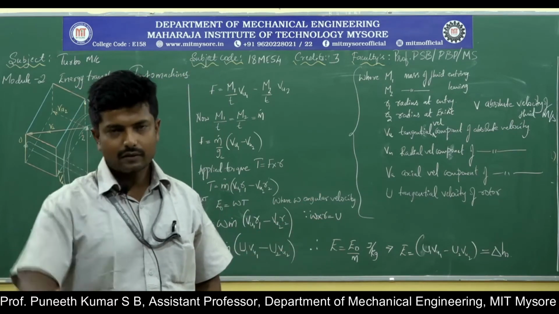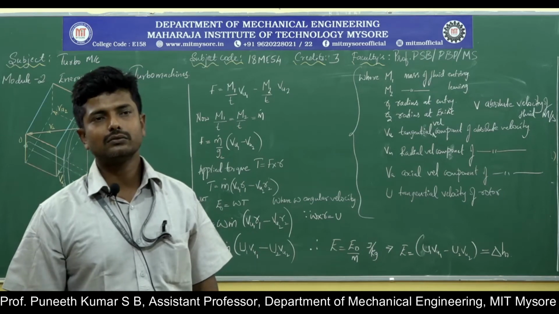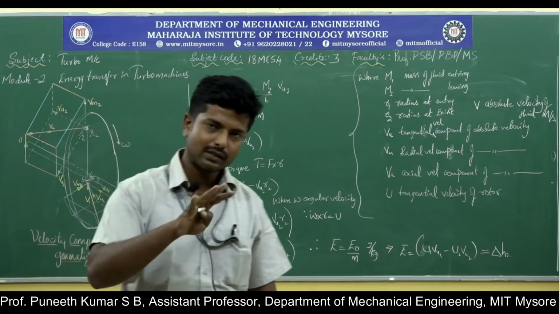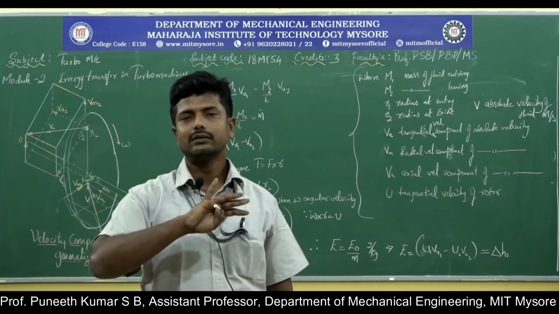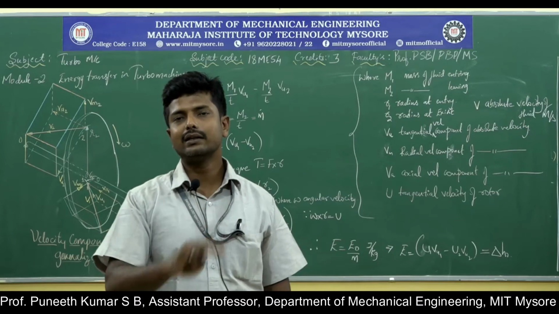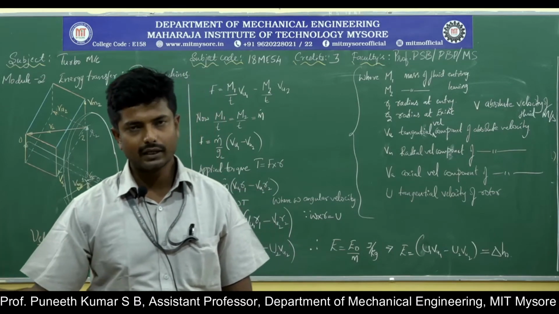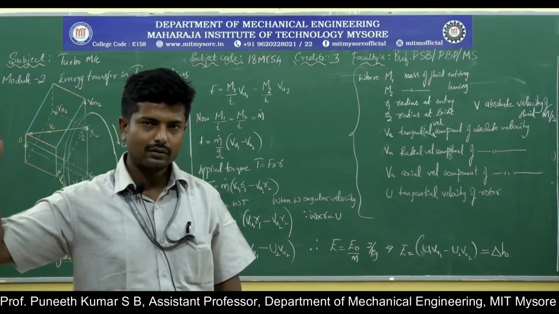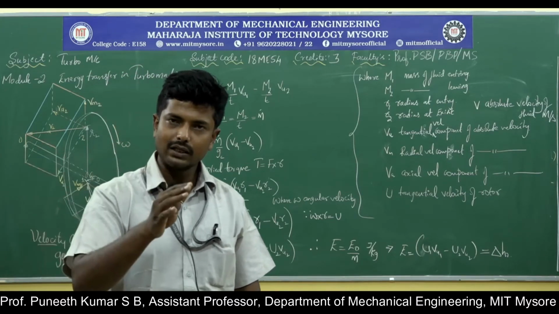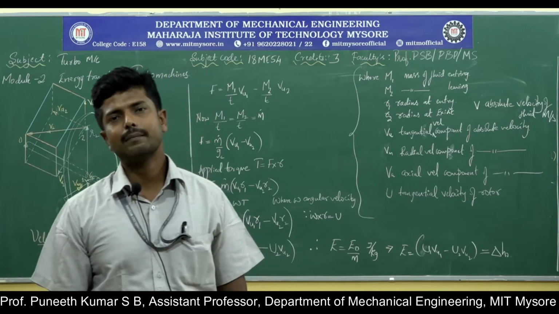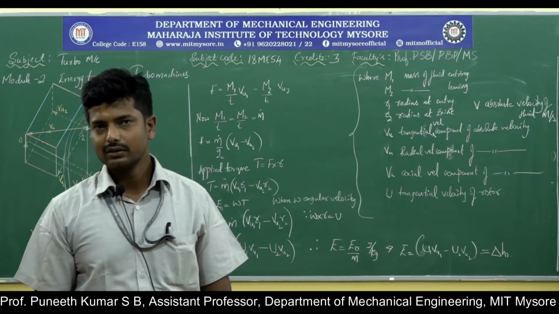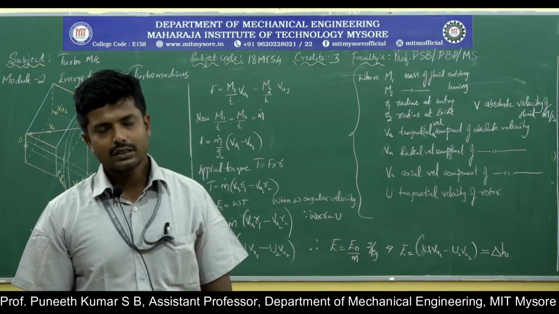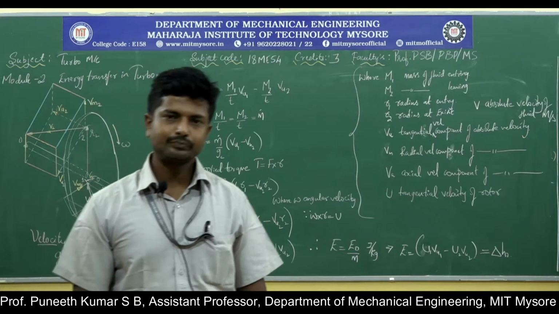The purpose of the turbo machine is to transfer fluid energy into mechanical energy, or in the other case mechanical energy into fluid energy. Whichever machines convert fluid energy into mechanical energy, we call power producing machines. All the power producing turbo machines are called turbines.